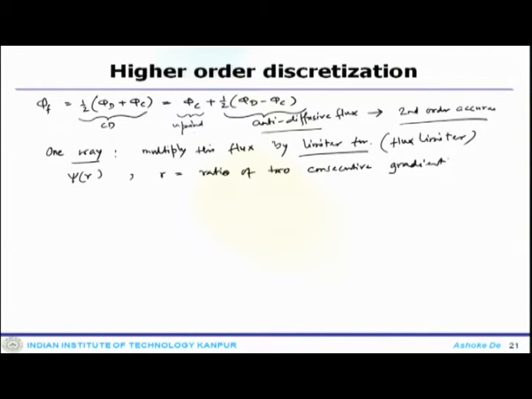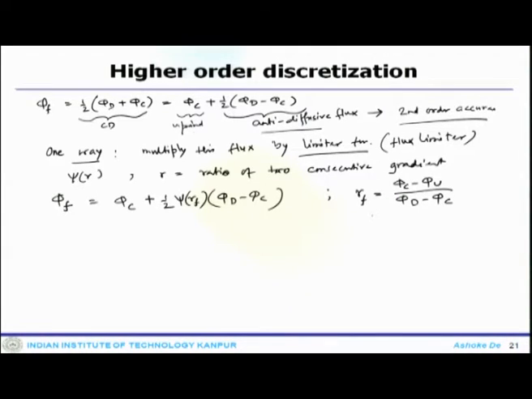and phi f can be calculated as phi C plus half of psi(r f) times phi D minus phi C, where r f is phi C minus phi U over phi D minus phi C. So, U is the upstream node, D is the downstream node, and C is the node we are concerned with.